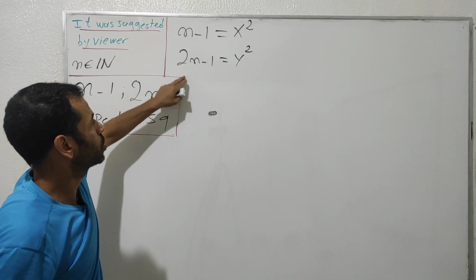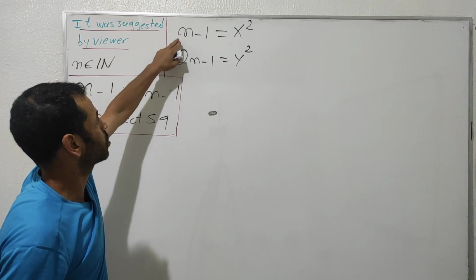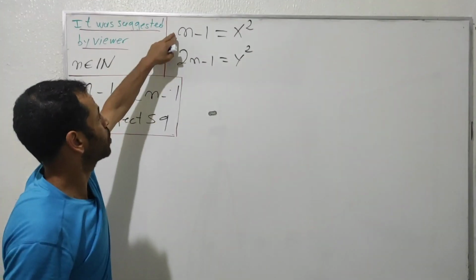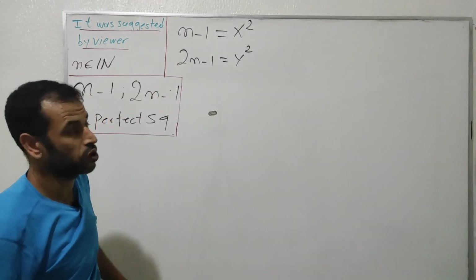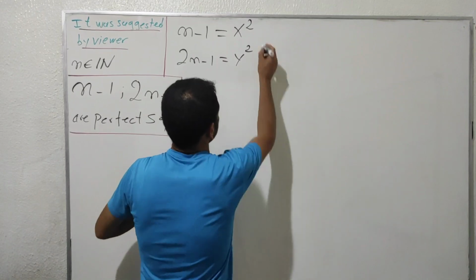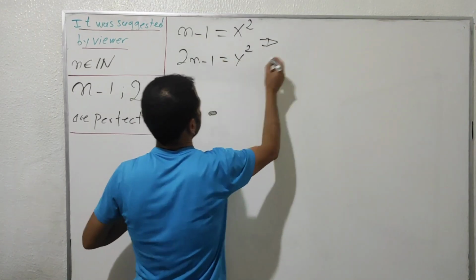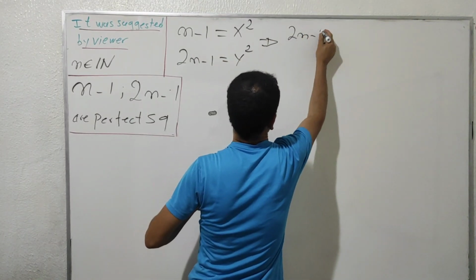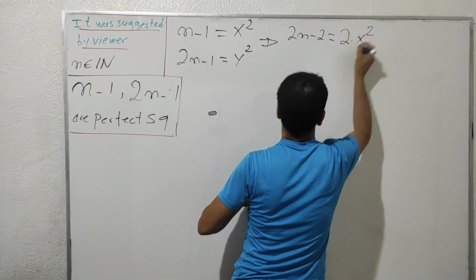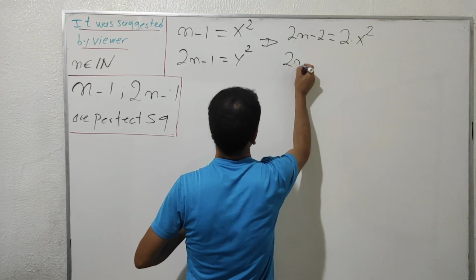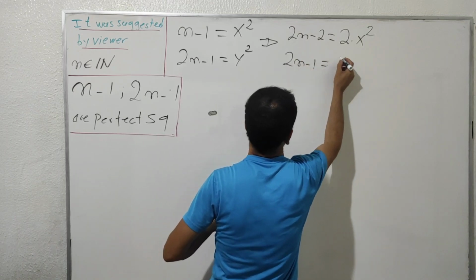So the easiest way to solve this one, we are going to get rid of n. Let's multiply the first equation by 2 and take the difference of the two equations. So the first one gives 2n minus 2 equals 2 times x squared. The second one is 2n minus 1 equals y squared.